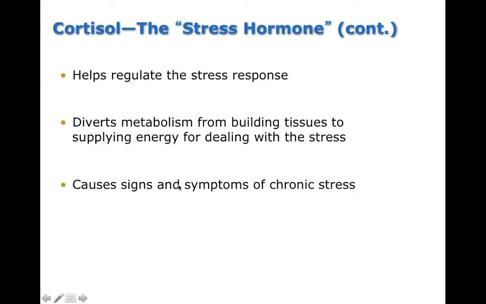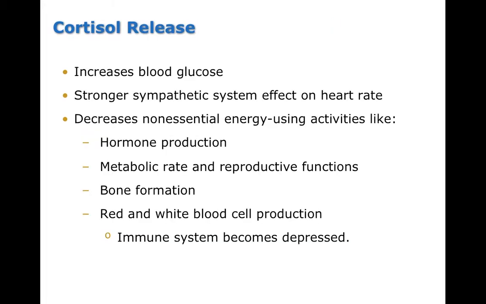Chronically, there are different signs and symptoms that are associated with chronic stress. So if you're chronically diverting metabolism from building tissues, over time you're going to see a degradation of tissues. So a lot of times with excessive stress you'll see protein and muscle wasting due to this cortisol response.